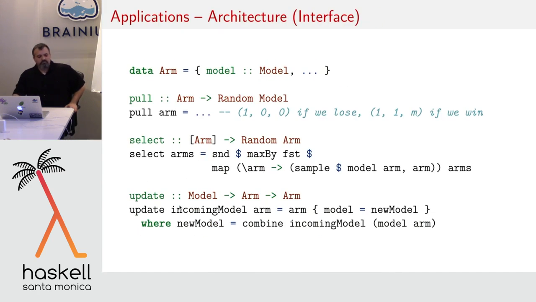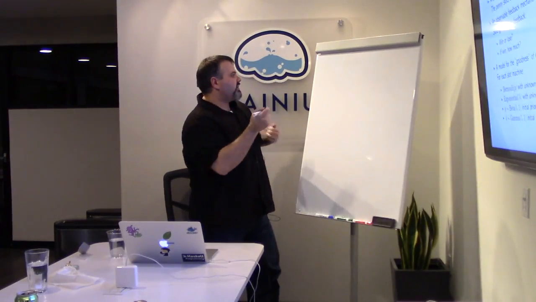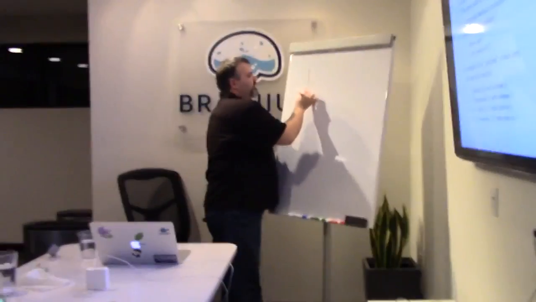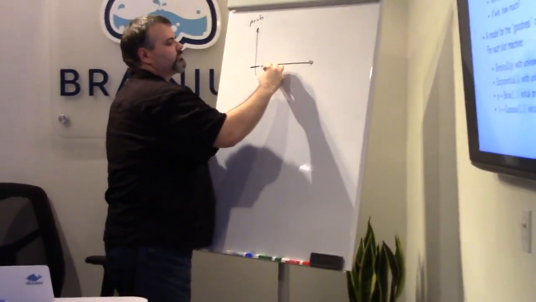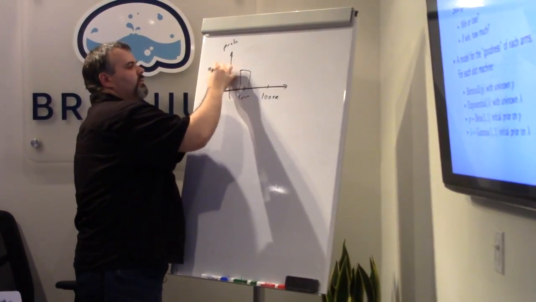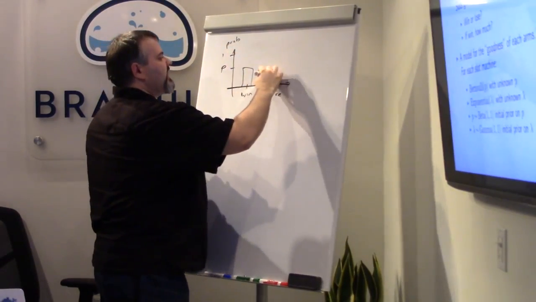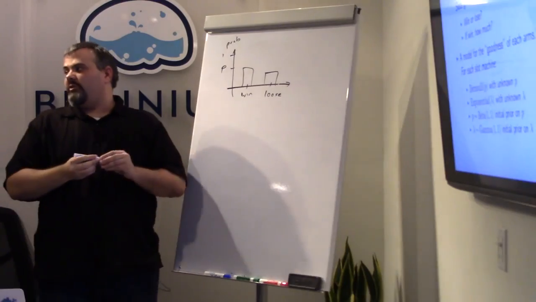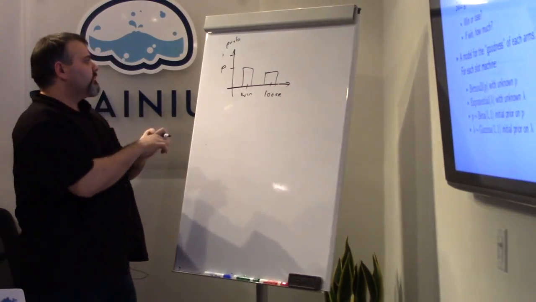The exponential here is actually a distribution on the real numbers. So if we look at a Bernoulli distribution, it is a discrete probability distribution where you really just have a certain chance of winning, a certain chance of losing.